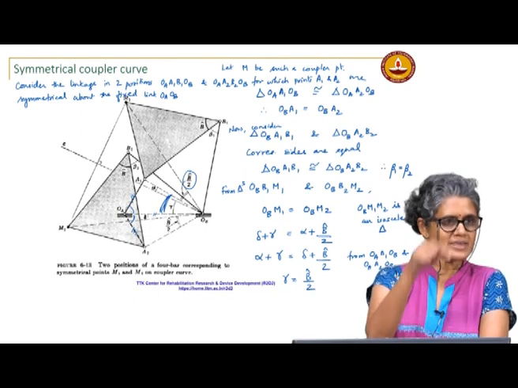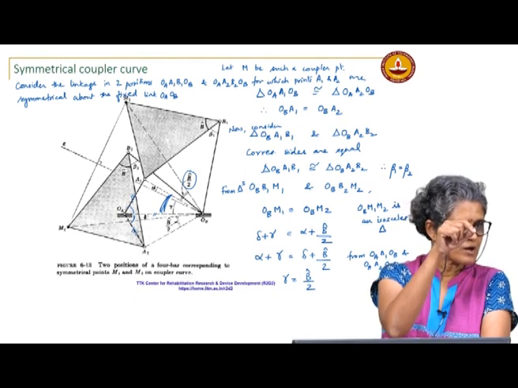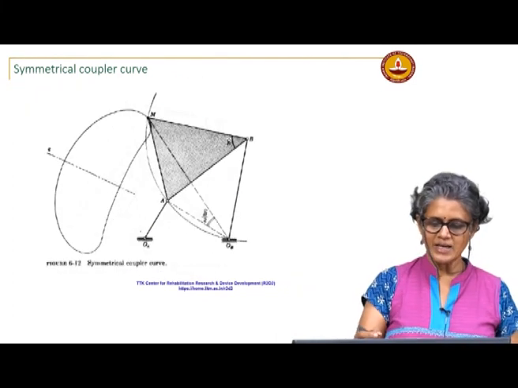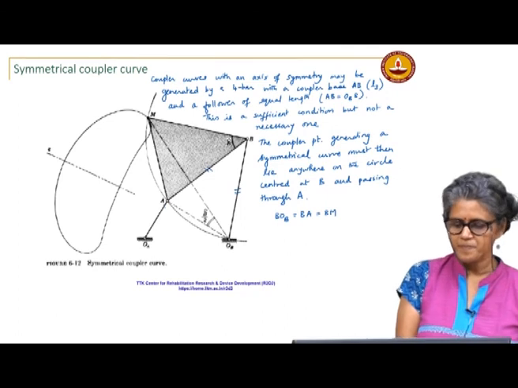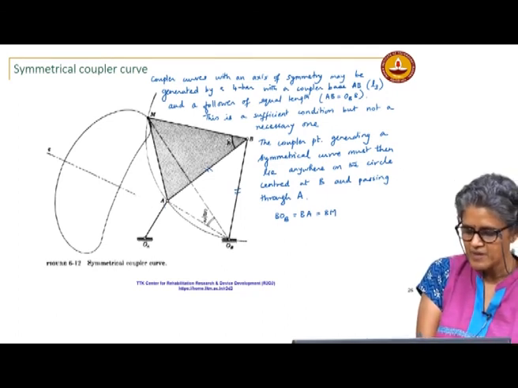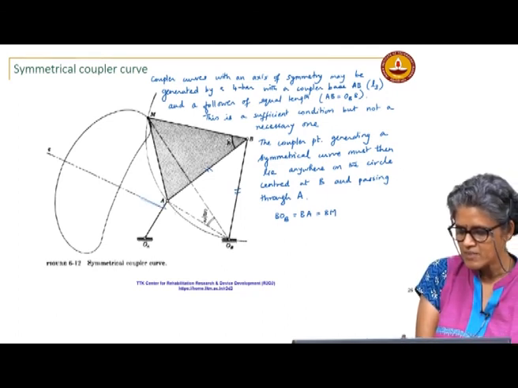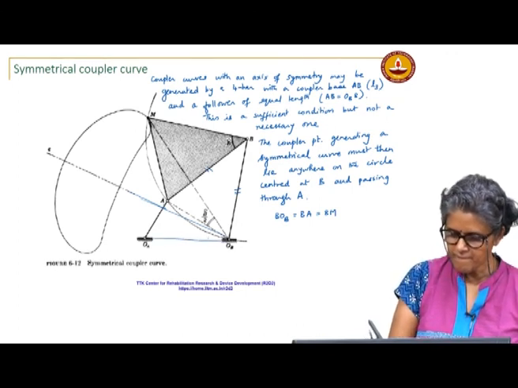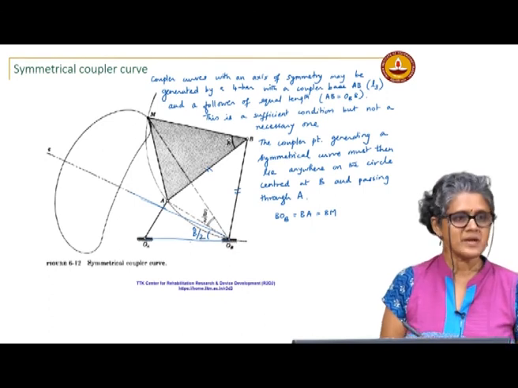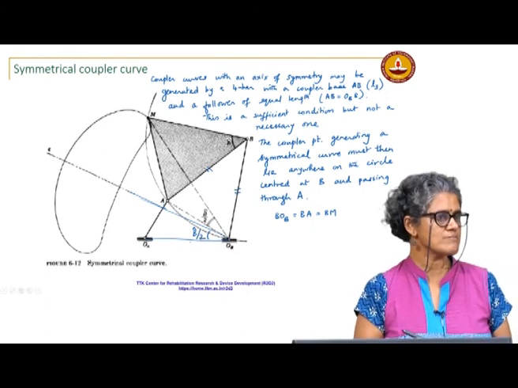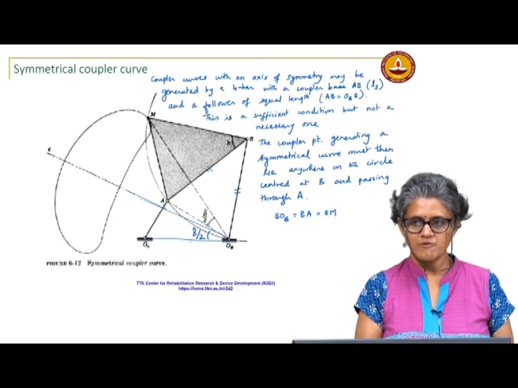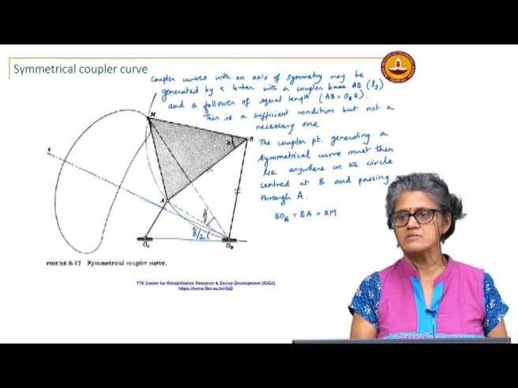So I would locate the point M1 on the circle such that it makes twice the angle as the angle of the line of symmetry. So here this is B cap by 2, that is what I have shown. Okay, so this is one way of constructing a symmetrical coupler curve.